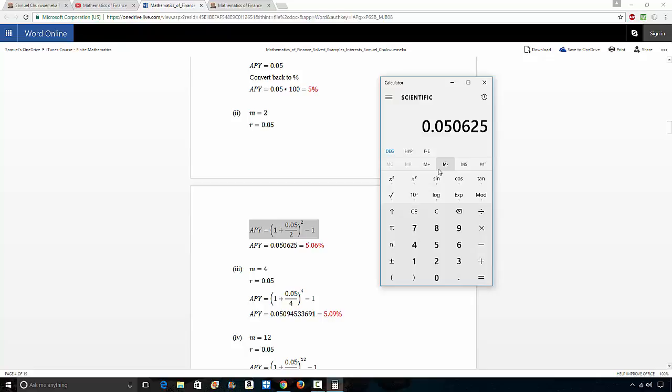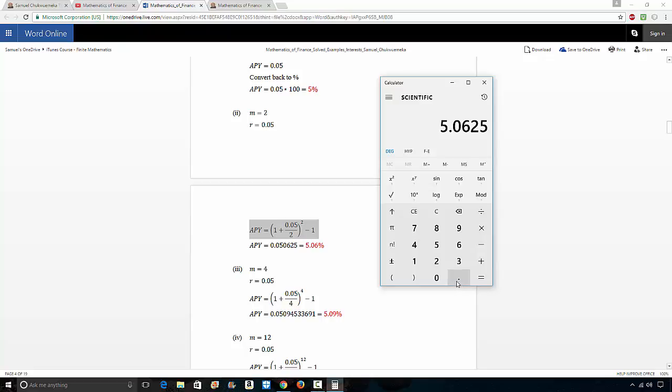However, do as your professor wants you to do it. But rate is in percent. So for my students, I want you to convert it back to percent. You do that by multiplying by 100. And that gives us 5.0625%. Usually, your professor will inform you how many decimal places he or she wants you to convert your APY to.